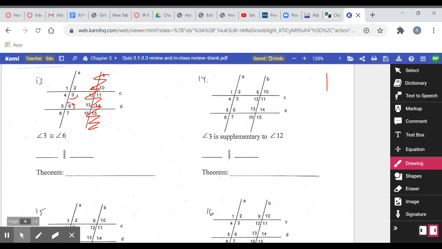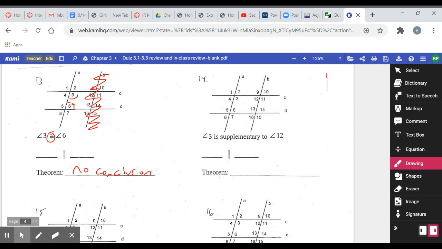But same side interior angles would have to be told to me that they're supplementary for me to say the lines are parallel, not congruent. Just because they're congruent does not necessarily mean those lines are parallel. If they were both 30 degrees, 3 and 6, C and D would end up being pointed at each other, not parallel for sure. So this is another one that is no conclusion.